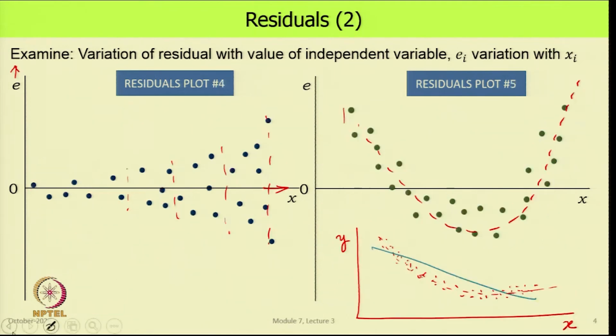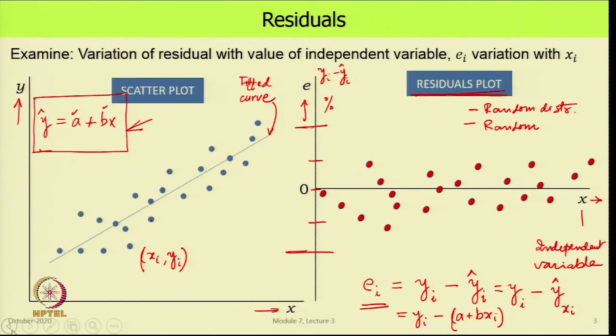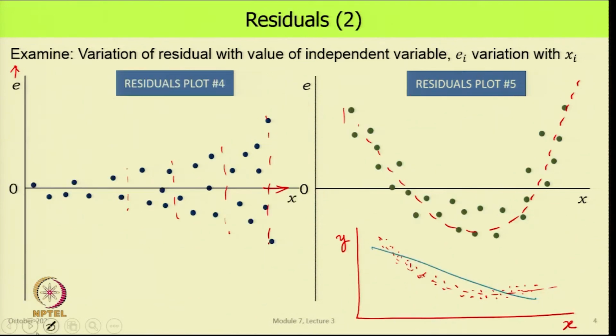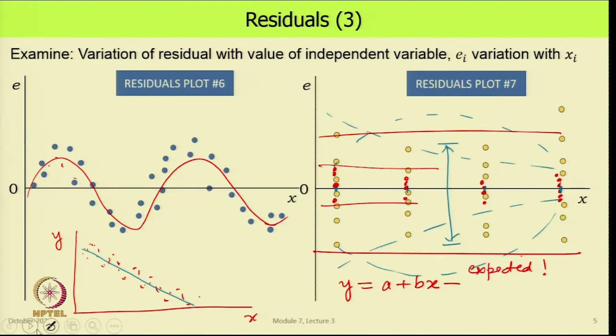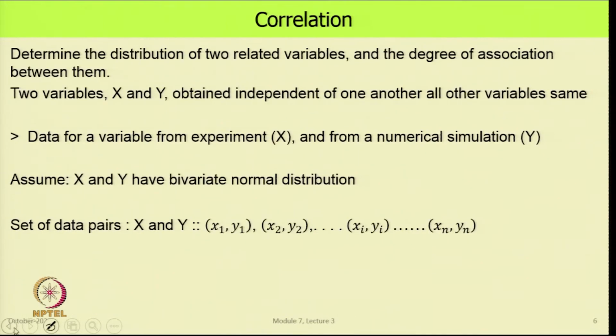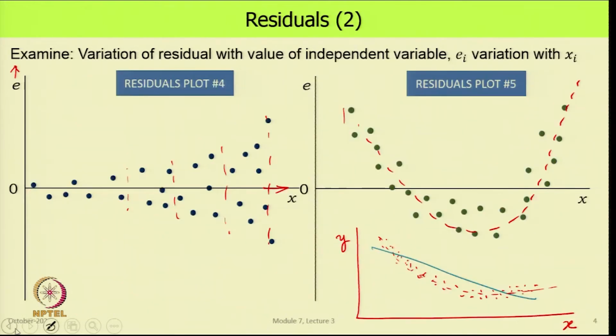For example, in the previous plot, in this one, this was the behavior, and this could be a very simple experiment, like we have a body which has been heated or something that has hot water and it is sitting in air and cooling, and we say that y is our temperature and x is time, and we know the curve is going to be like this, as Newton's law of cooling tells us.